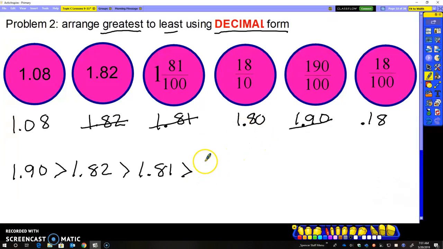And next, right in order there, that was convenient, 1 and 80 hundredths, greater than sign. Now we're down to 1 and 8 hundredths, and 18 hundredths, right? That's the smallest amount that we have, the least amount.